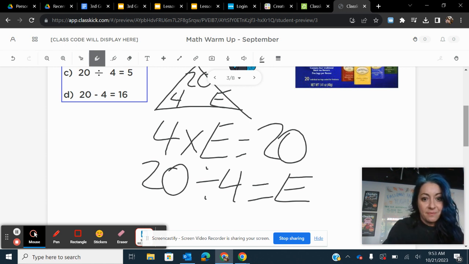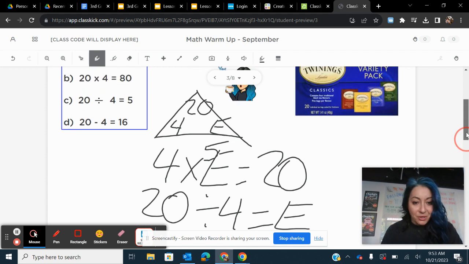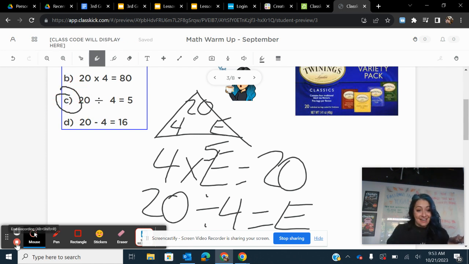Let me see if that works. Yes, 4 times 5 equals 20. Let me go the other way. If I count by 5 four times, 5, 10, 15, 20, that also gets me that answer. So that lets me know that E equals 5. Look, 20 divided by 4 equals 5. So that is the GET strategy.